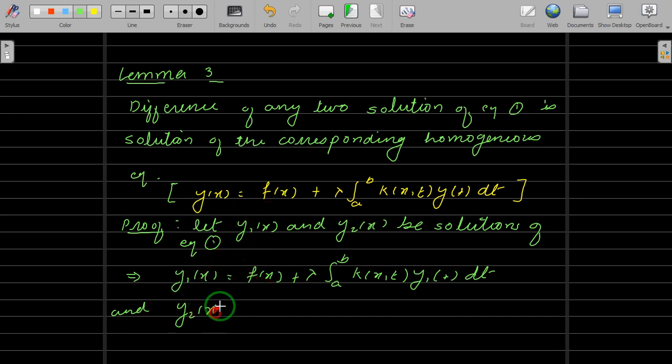So y2(x) equals f(x) plus lambda integral a to b K(x,t) y2(t) dt. Now from this what I want to show is the difference of any two solutions. That means when you take a difference of this, you have to get the solution for the homogeneous equation.